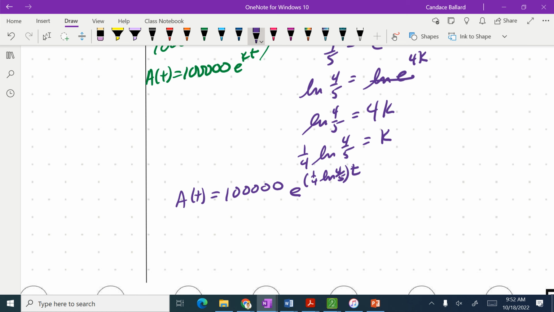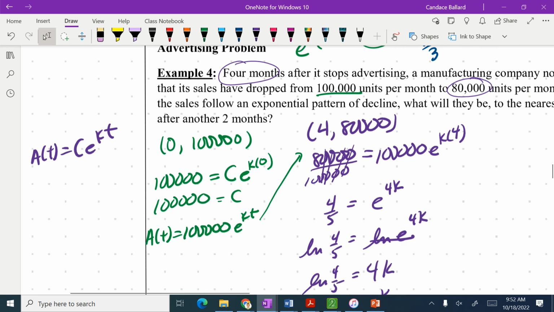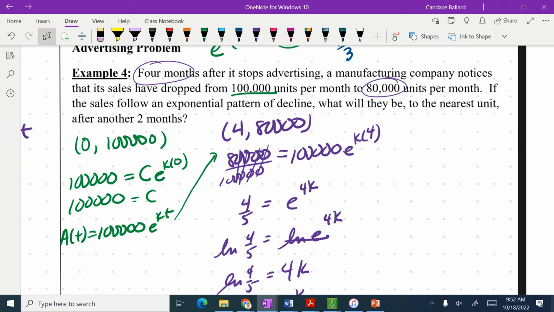Okay, let's go back and read the question and see what we were actually supposed to do. It says, if the sales follow an exponential pattern of decline, what will they be to the nearest unit after another 2 months? So what value am I actually putting in? Why 6?